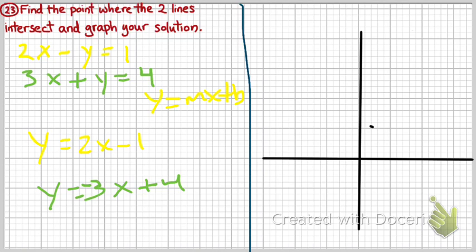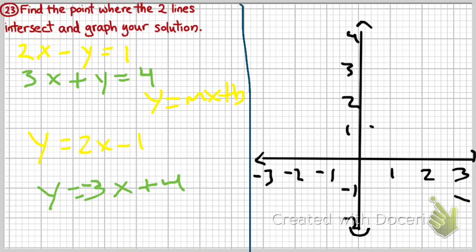I need my pen here. 1, 2, 3, 4. Negative 1, negative 2. 1, 2, 3. Negative 1, negative 2, negative 3. I should have arrows at the end. This is my x-axis and this is my y-axis. Okay, I think we are ready to graph now.